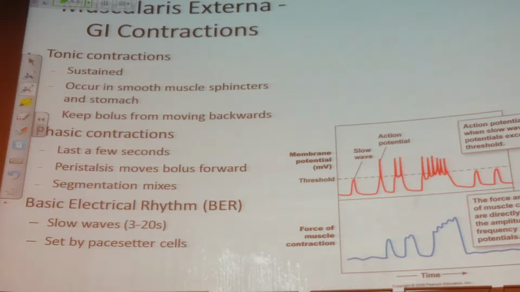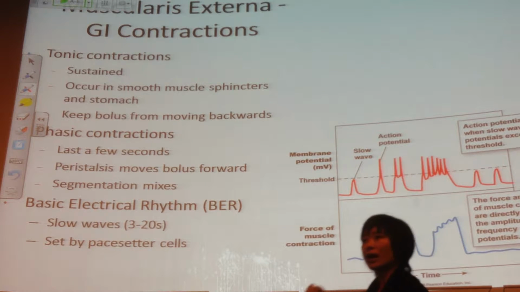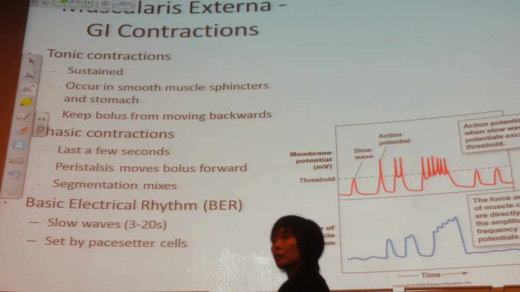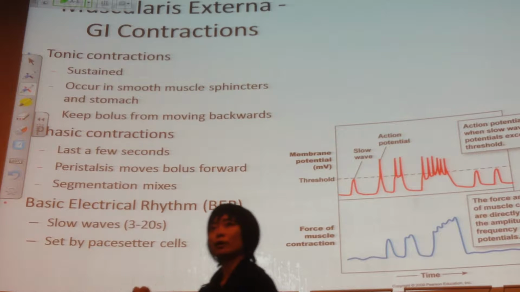For example, there are tonic contractions. Tonic contractions mean they contract and don't let go for quite a long time, often sustained for minutes to hours.